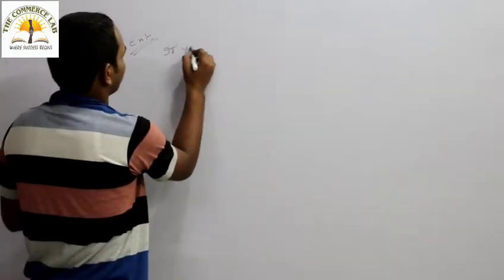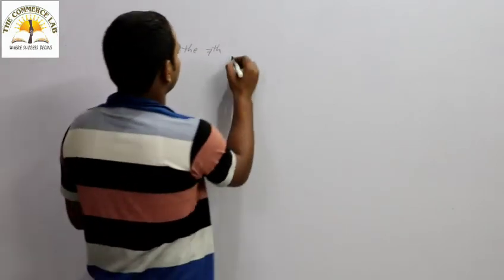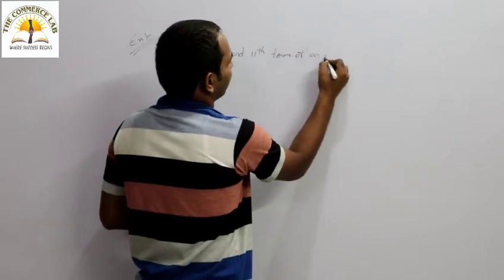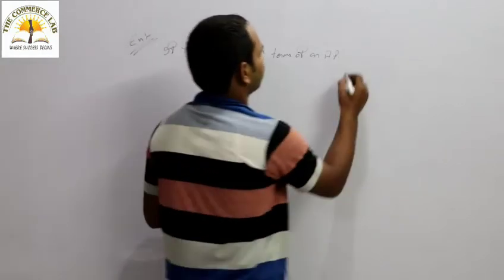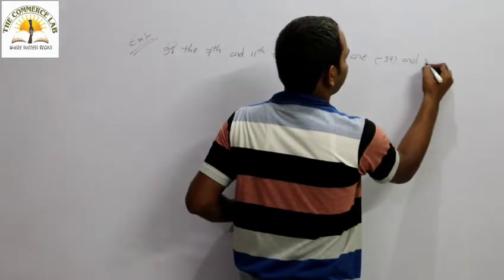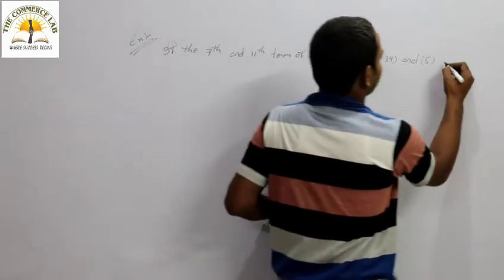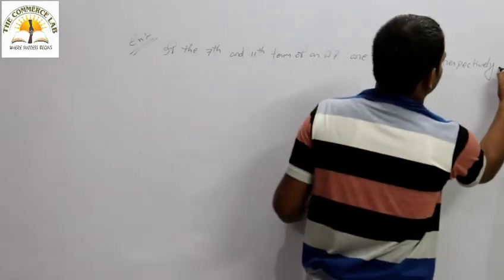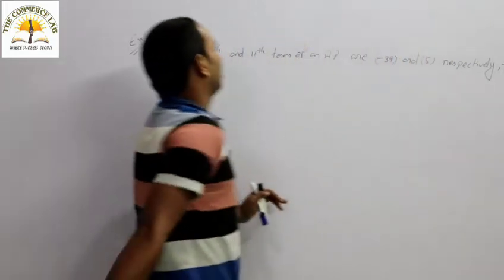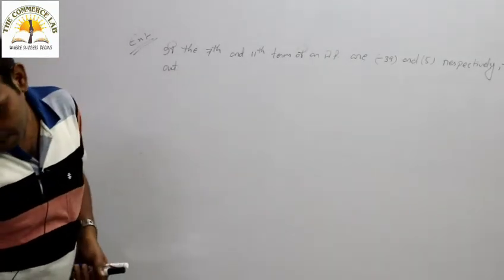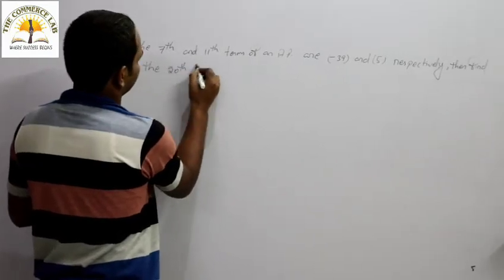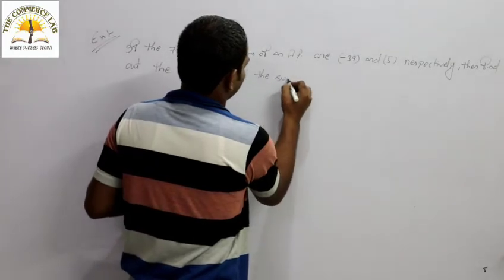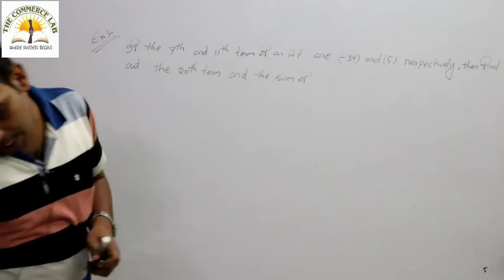If the 7th and 11th terms of an AP are minus 39 and 5 respectively, then find out the 20th term and the sum of first 20 terms.